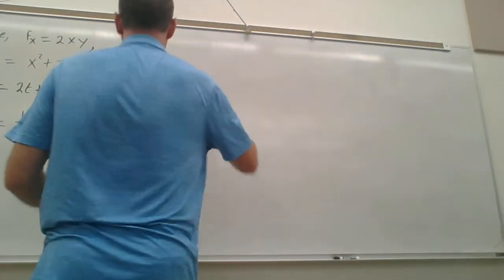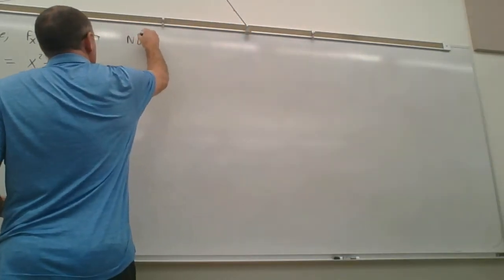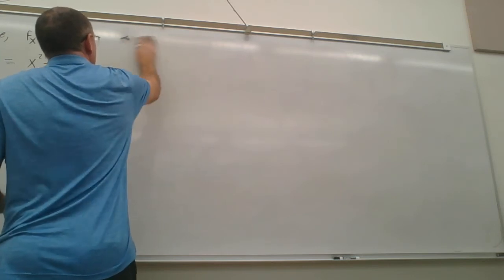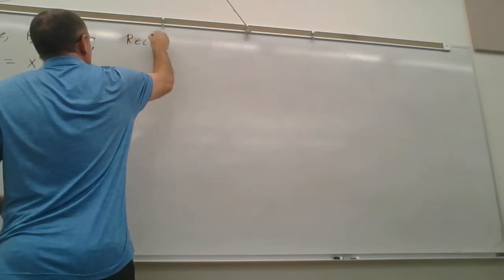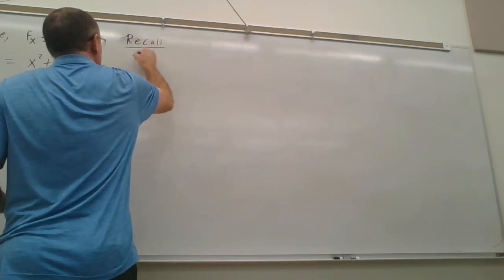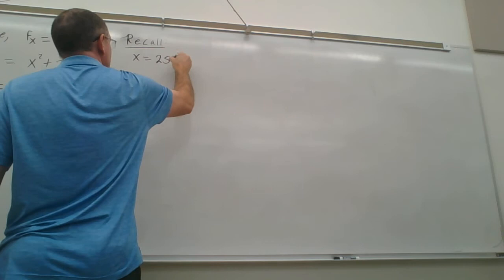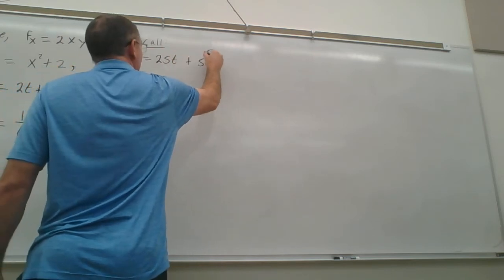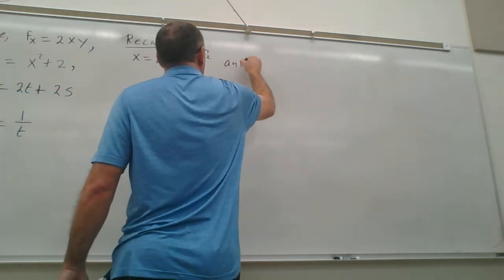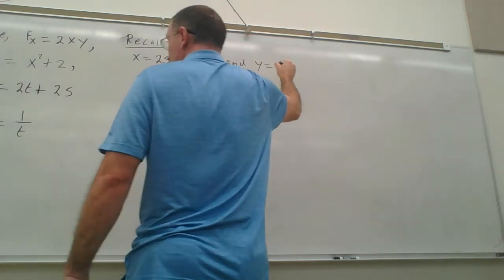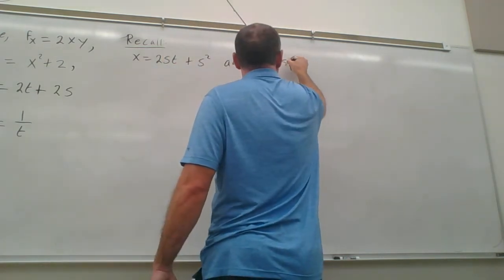Okay, so now I recall that the x is 2st plus s squared, and y is equal to s over t.